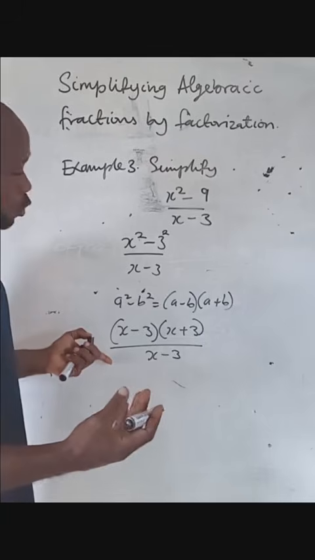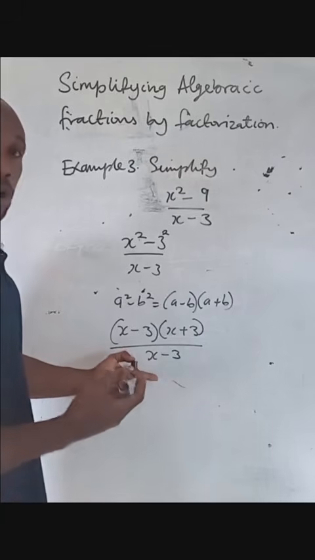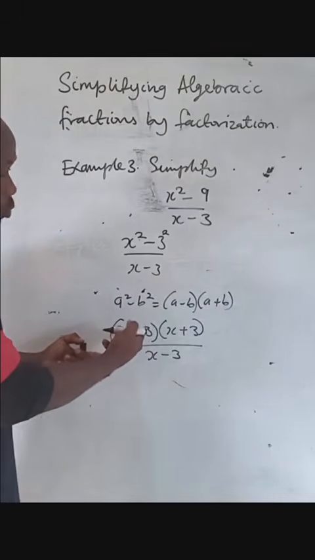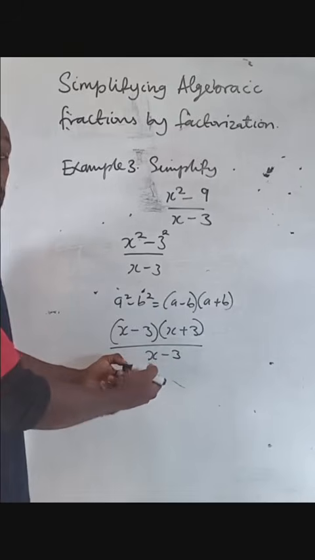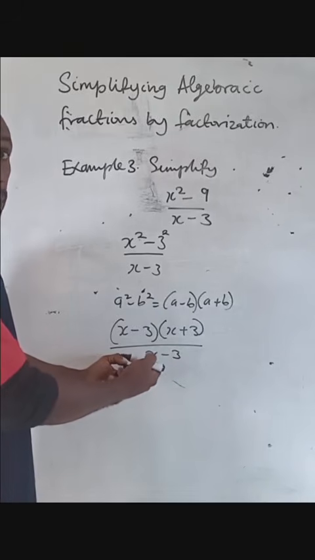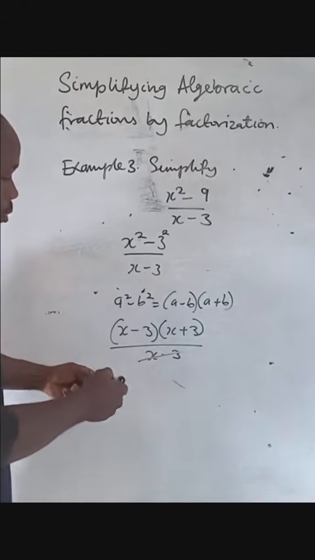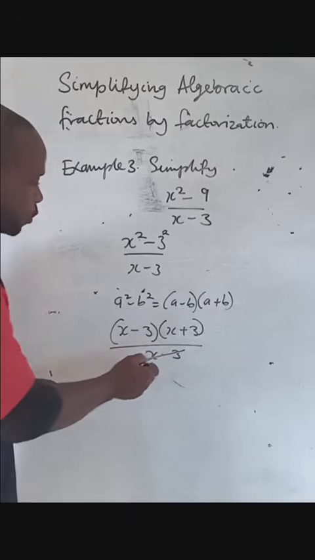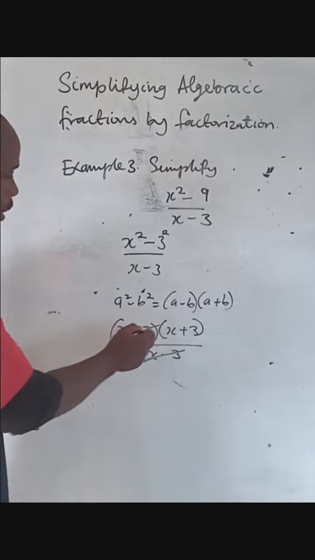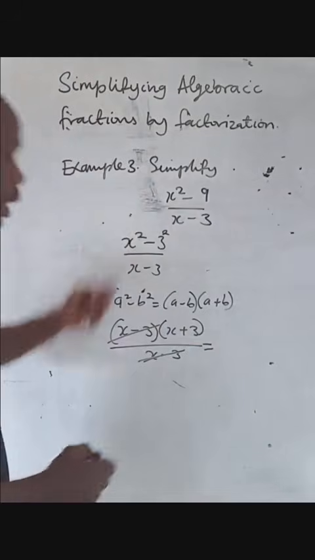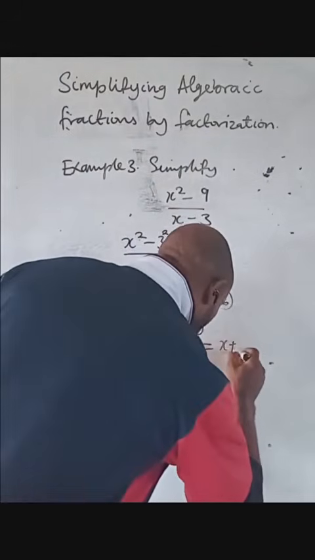Now the next thing we are going to do is cancel out common terms. x minus 3 is in the numerator, and x minus 3 is also the denominator of the algebraic fraction. So x minus 3 cancels out x minus 3. The simplified form of this algebraic expression is x plus 3.